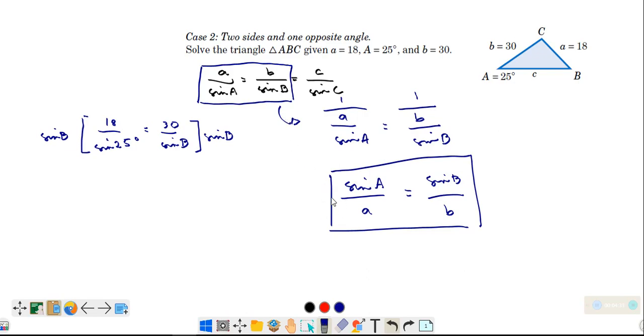As long as you do the same operation on both sides, katulad nito, kumuha tayo ng reciprocal on the left side, nilagay din natin siya as a reciprocal on the right side, parehas pa rin yung magiging value. So, yung mga properties natin from algebra, wag niyo yun kakalimutan kasi useful yun.